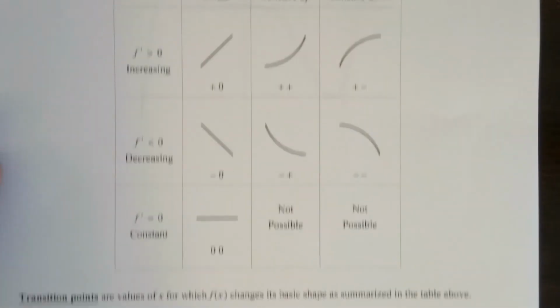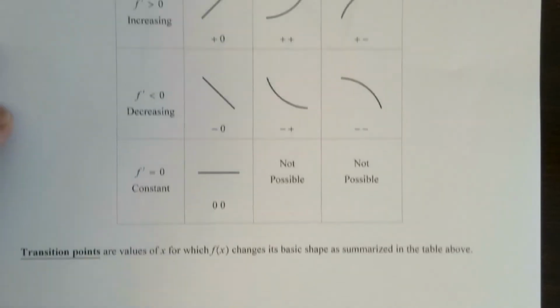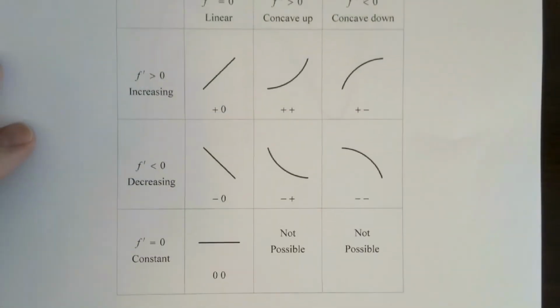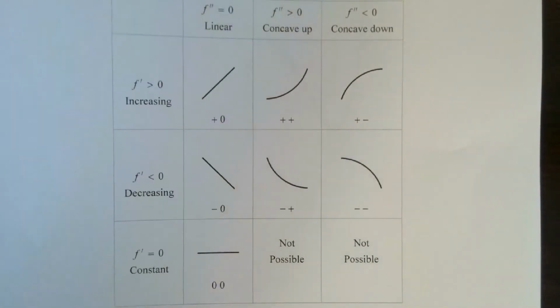We like to talk about those transition points. Those are values of x for which the function will change its basic shape, as summarized in the table above. So where can we change a basic shape? We can change basic shape at local extrema, where the derivative will change from positive to negative or negative to positive. We can also change shape at a point of inflection, where we change from concave up to concave down or vice versa.